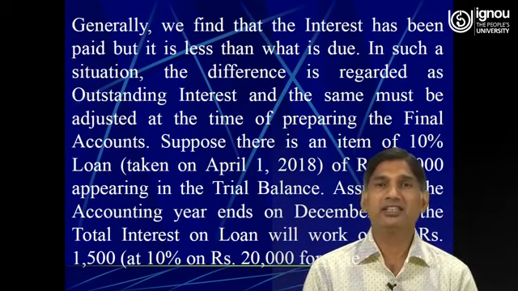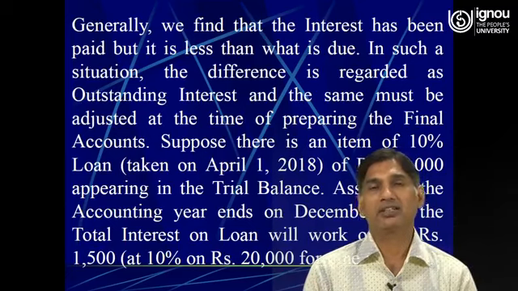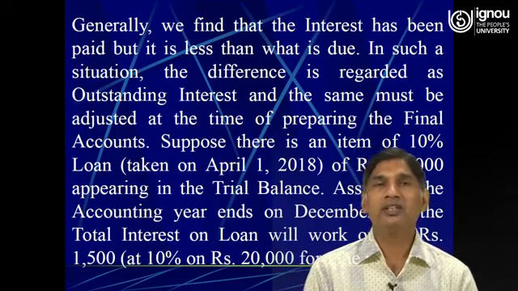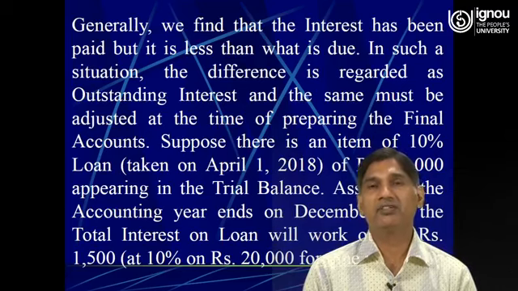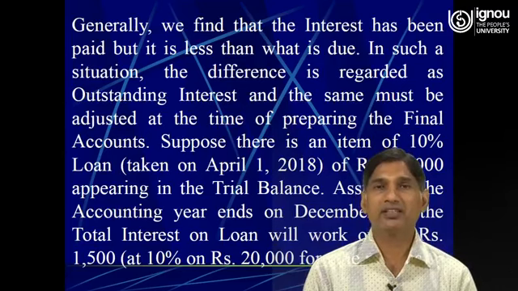Suppose there is an item of 10% loan taken on 1st April 2018 of rupees 20,000 appearing in the trial balance. So here all the relevant information has been provided, assuming the accounting year ends on 31st of December.